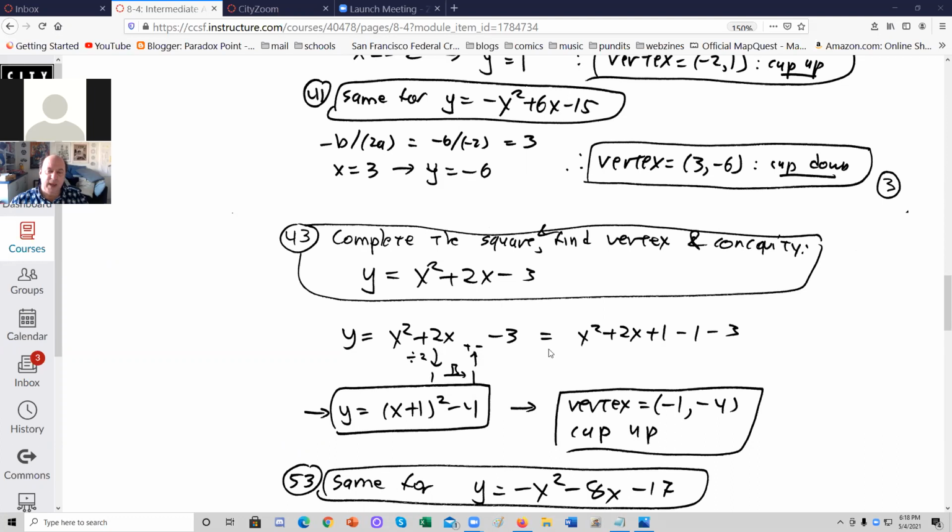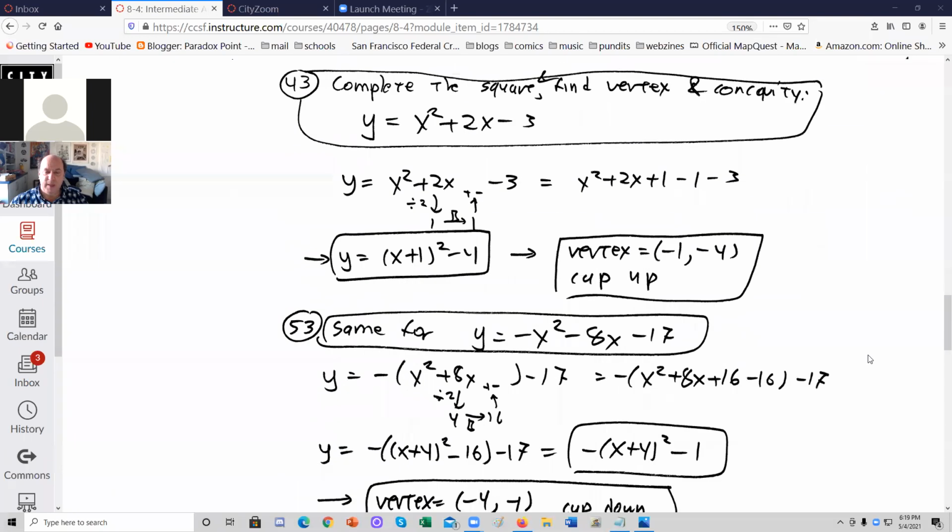Add and subtract it back in. x squared plus 2x plus 1 minus 3. These three terms will be (x plus 1) all squared, and minus 1 minus 3 is a minus 4. Okay, read this as x minus a negative 1, and here's a minus 4. So the vertex is at negative 1 by negative 4. Since this is a positive 1 times the square, it's cup up.